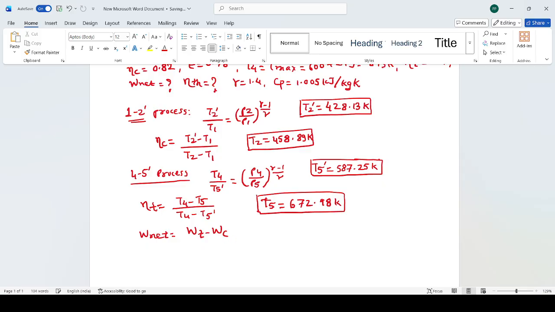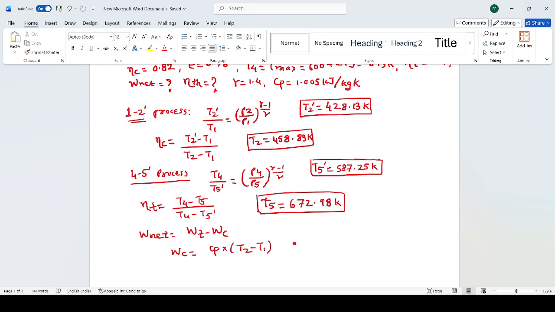The work developed by the turbine, and we need to subtract the work supplied to the compressor. I can calculate the work for the compressor, WC, per kg of the air circulated, that is Cp into T2 minus T1.